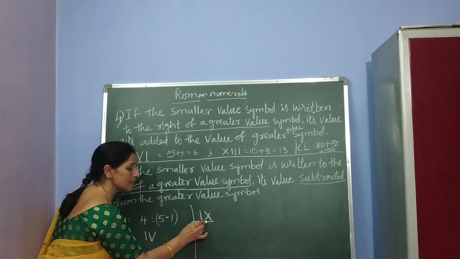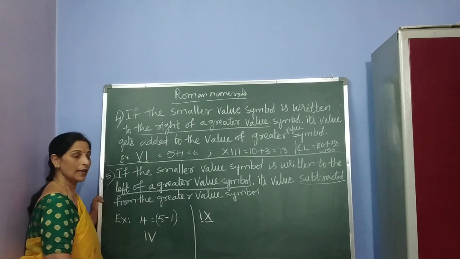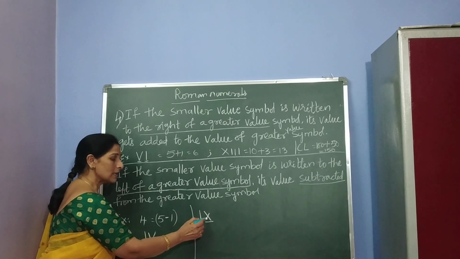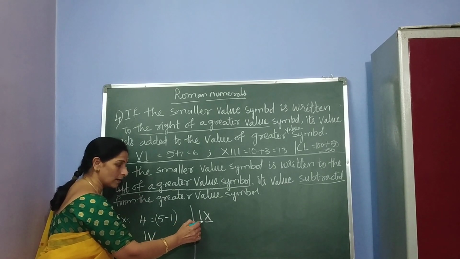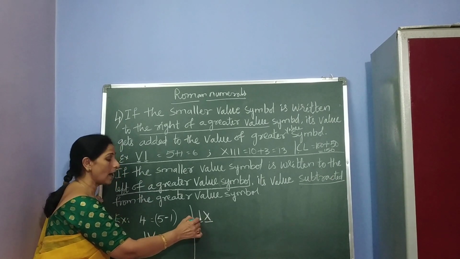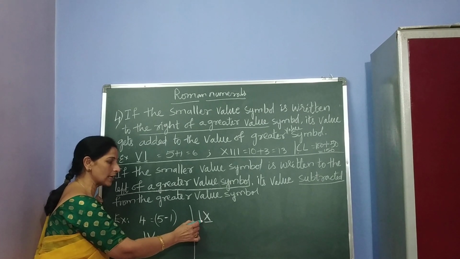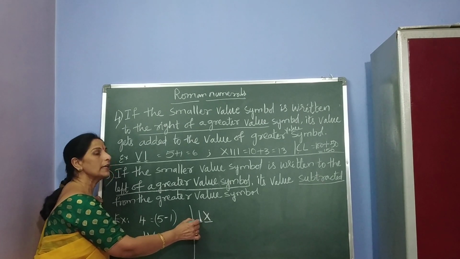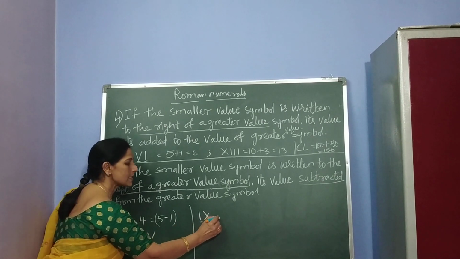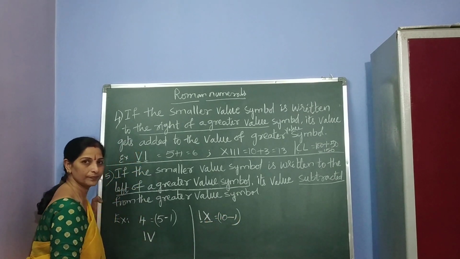Same for IX. X is the greater value, I is the smaller value. 9 is close to 10, and this is a 1. So X is the greater value symbol, I is the smaller value symbol. When the smaller value is written to the left of the greater value, the smaller value should be subtracted from the greater value.